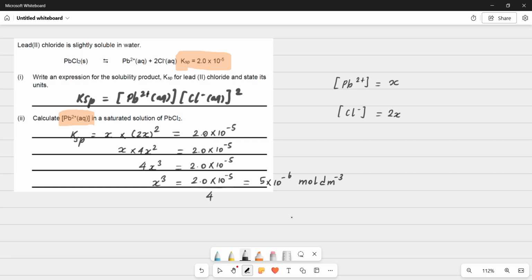So x we need to find, which is the cube root of 5 × 10^-6. We need to find the cube root of 5 × 10^-6.